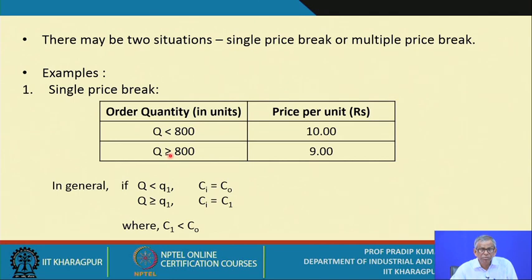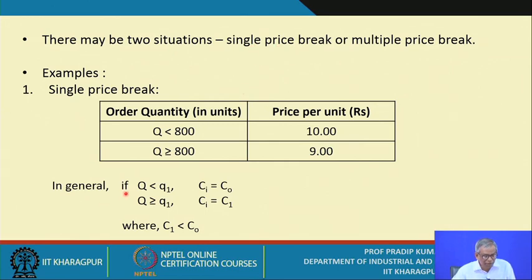But as soon as the order quantity becomes greater than 800, any amount from 800 to any amount, theoretically speaking up to infinity, you are entitled to get a unit price of 9 only. So, this is referred to as single price break.